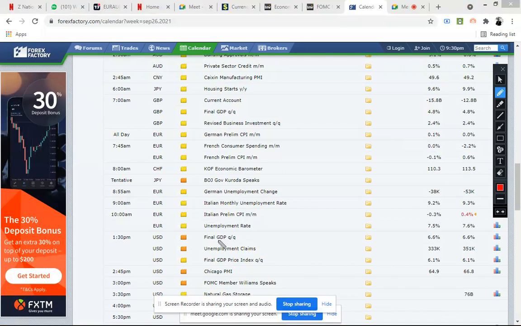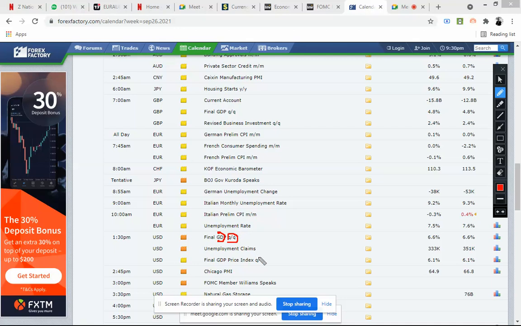So you see that anywhere you are seeing this GDP, you will see this Q slash Q. What does Q slash Q mean? It means quarter over quarter. That is quarterly. Some you see MM, that is monthly.